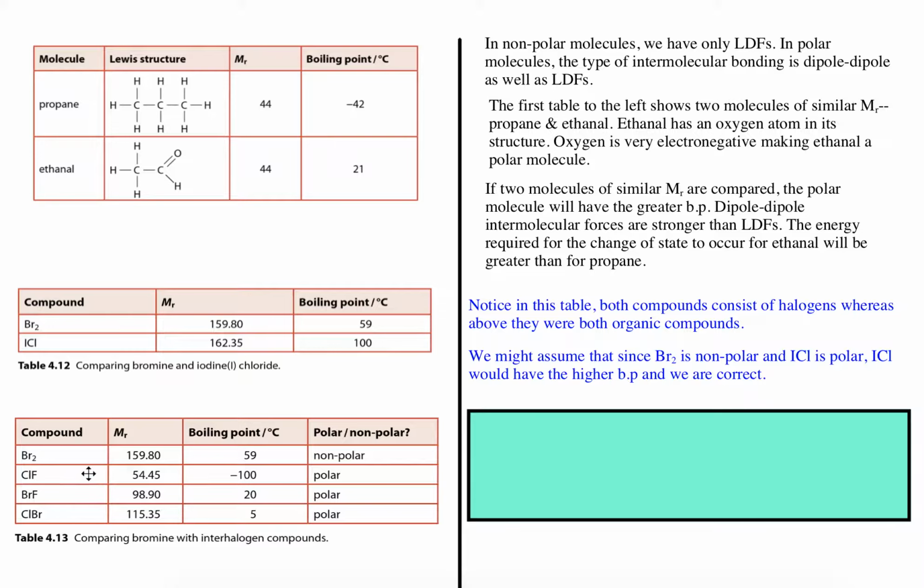We could look at which one is most polar, and look at the electronegativity difference. But all of that aside, we see that bromine, nonpolar, really flies in the face of what we've just discussed, and it has the highest boiling point. So we have to be really careful about how we are comparing things. We wouldn't necessarily be able to predict this without additional information.